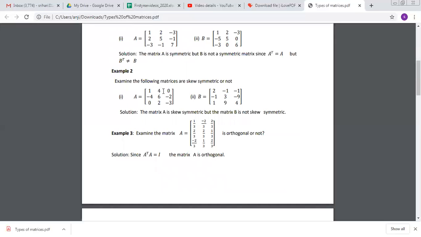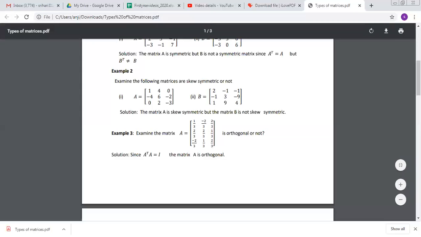First row is 1, 4, 0. First column is 1, minus 4, 0. So the minus sign is there. Just check it: A transpose, we will get A transpose equals minus A. So this matrix is skew symmetric. And similarly this also. But B is not a skew symmetric matrix.